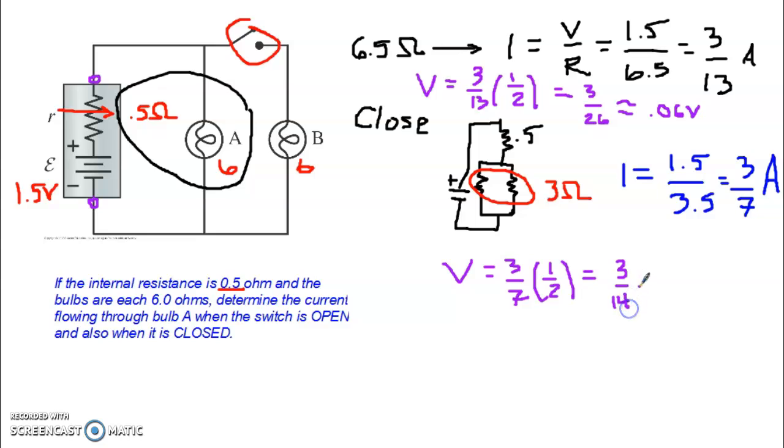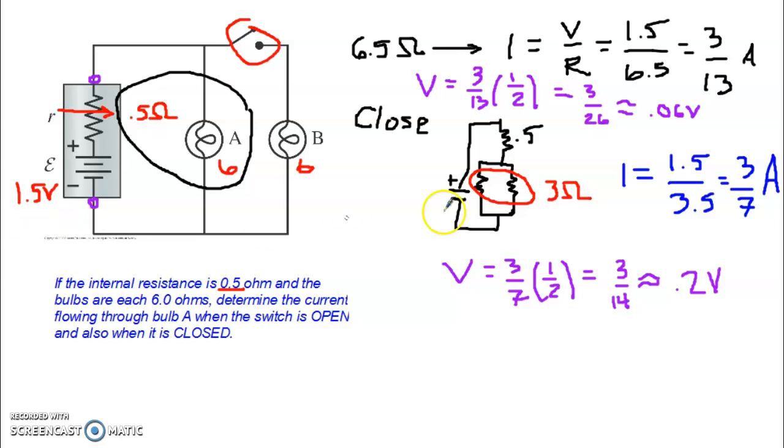That's roughly 3/15. That's about 0.2, that's 1/5. 0.2 volts. That's a lot more. That's a much larger fraction of this. So as your resistance inside the battery increases, this effect becomes more pronounced. As the load resistance decreases, this effect becomes more pronounced.